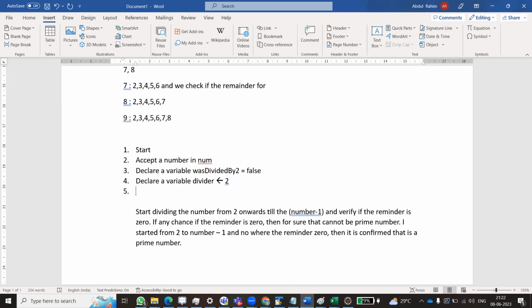And next I'll say divide number by divider and check the remainder. So if the remainder is 0, then change the flag.